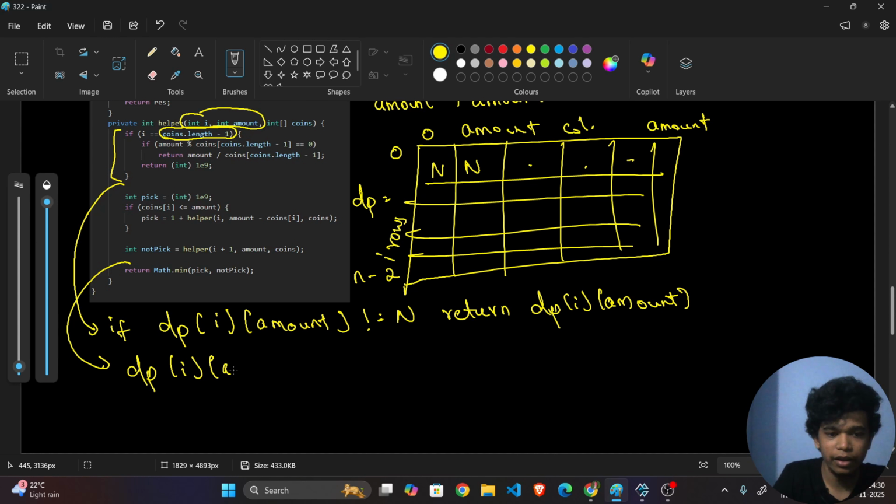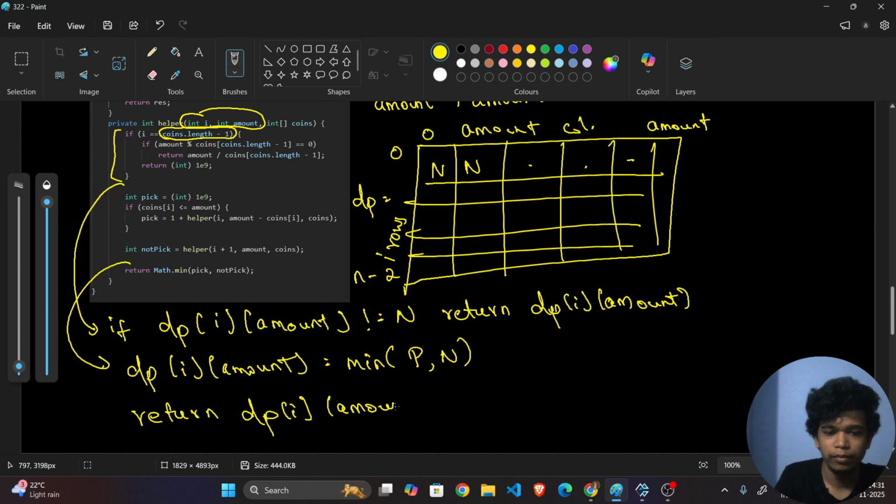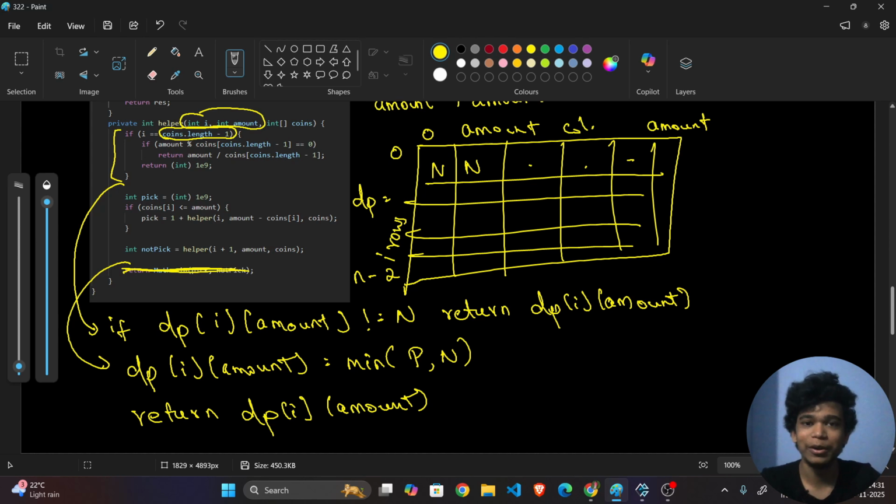So dp of I and amount will be equal to the minimum among pick and not pick. Then return it. So instead of this one line, I'll be adding these. Now your entire function is converted into a memoization.